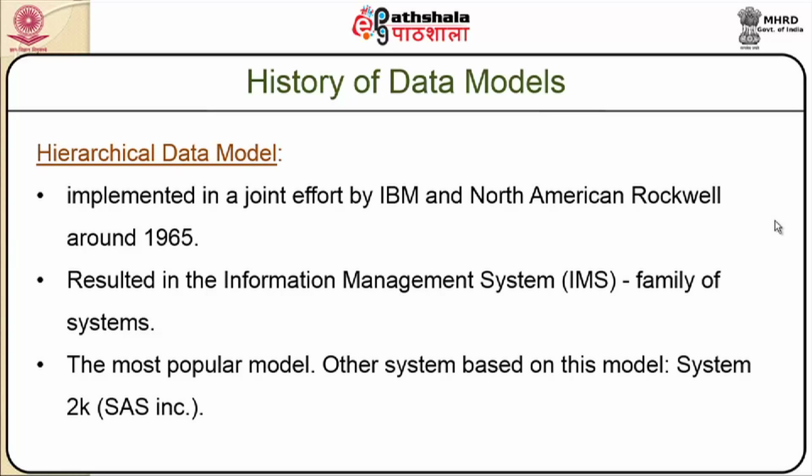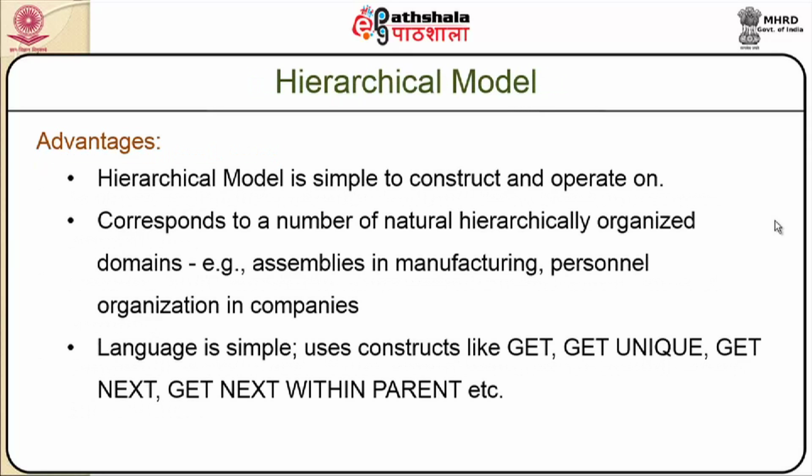The most popular model is the hierarchical model, which stands with the hierarchy of a top down approach. The other system of this model is System 2K, which is a part of SAS Inc.'s product. Some of the advantages of this hierarchical model include: the hierarchical model is simple to construct and operate on, and it corresponds to a number of natural hierarchically organized domains.